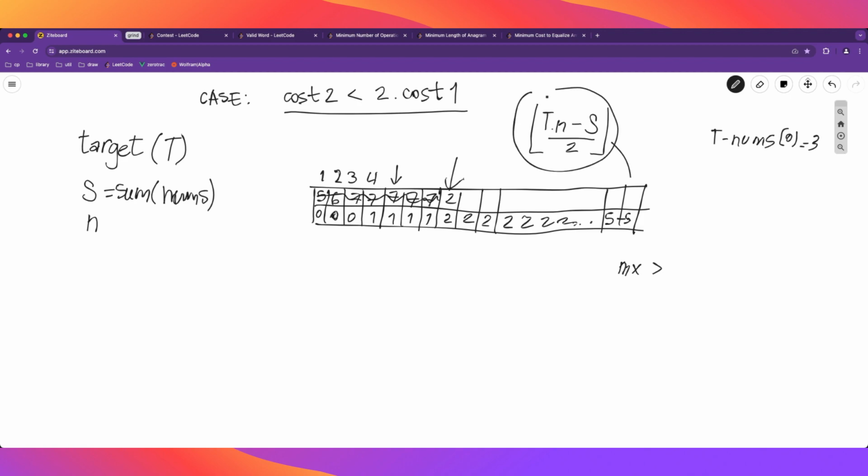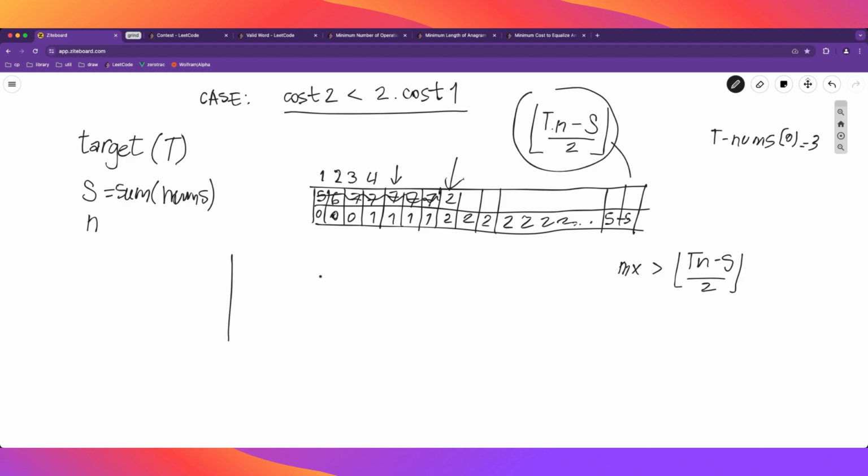This number here. If it's greater than this number, then we have a problem because we cannot do them without having a collision, right? Without having to increment one of them, which makes sense, right?